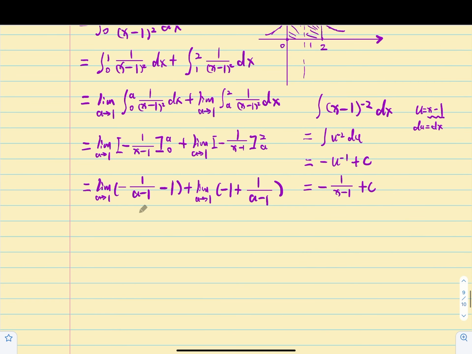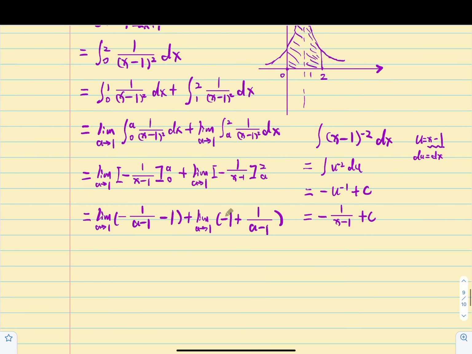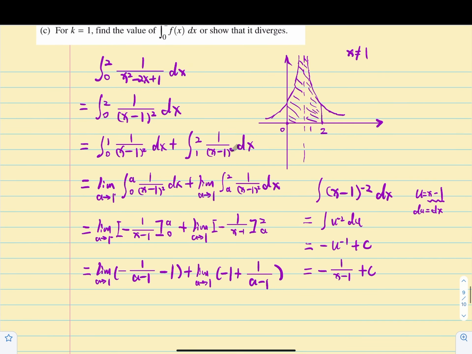So we can see, because a approaches 1, this a minus 1 thing, this a approaches 1 from the positive side. Let's check. From the left side, a approaches 1 from the negative side, so we put a negative side here.